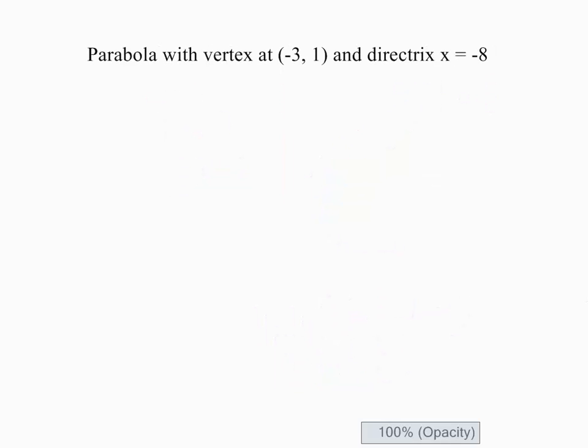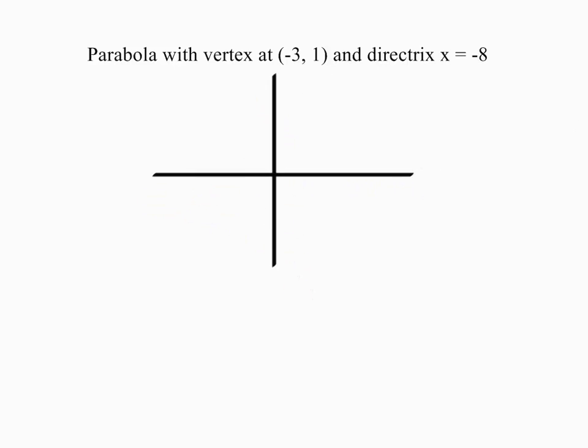Now the next one is a parabola given a vertex and the directrix. This is a little bit different. It might be a little bit easier or a little bit harder. Let's find out. Go ahead and sketch the graph.